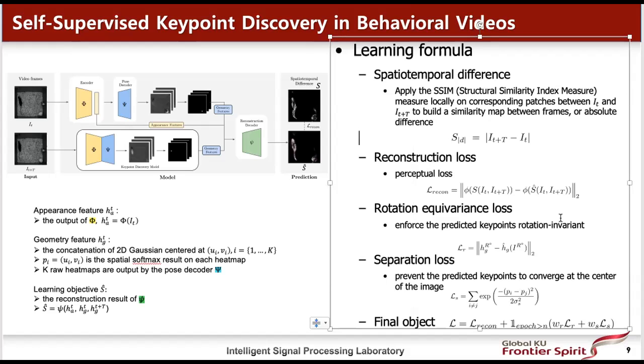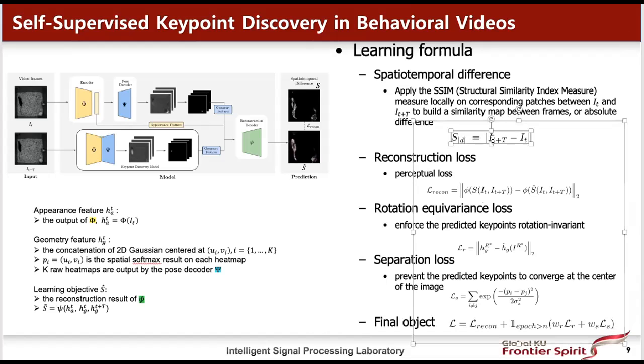Or is it term by term? Term by term. You mean the first term, spatial temporal difference?